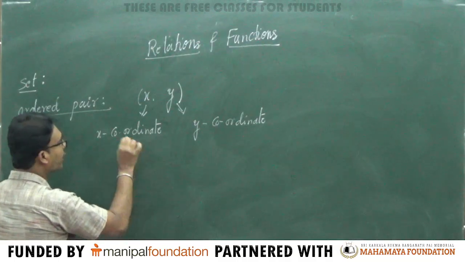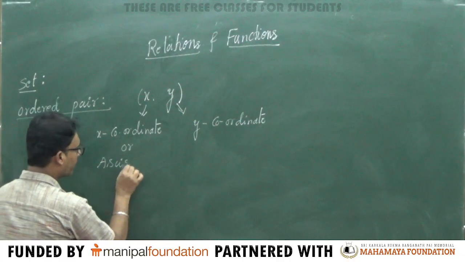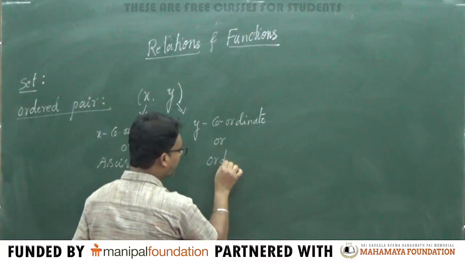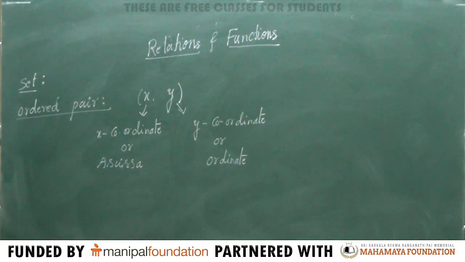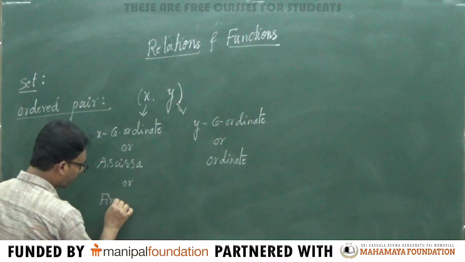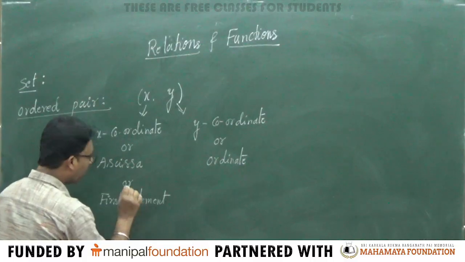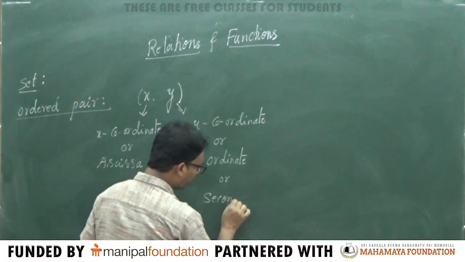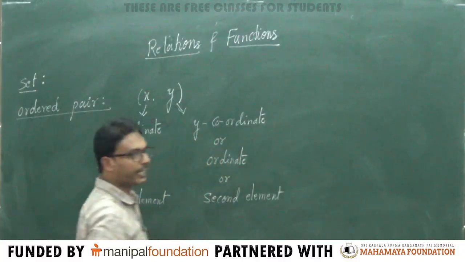Or we can say that x represents the abscissa, and the y coordinate is also called the ordinate. Or x stands for the first element, and y stands for the second element, or first term and second term.